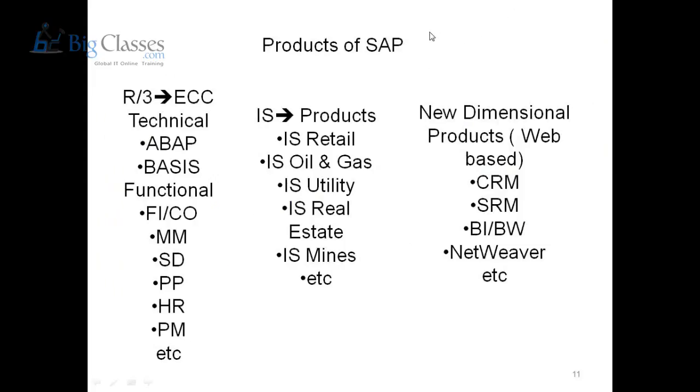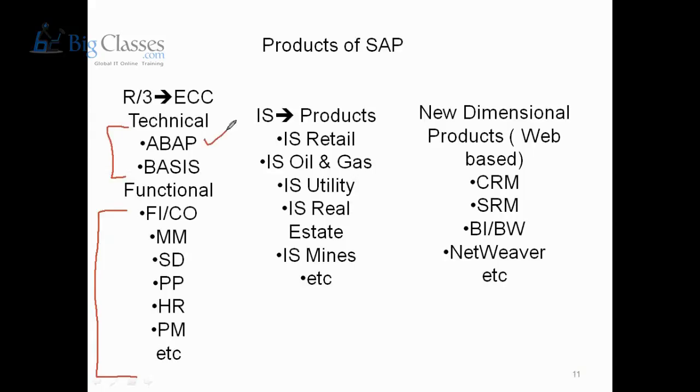Here we have some technical modules and some functional modules. Those people having some technical knowledge, like some computer language knowledge, will go for the ABAP module, the technical part.